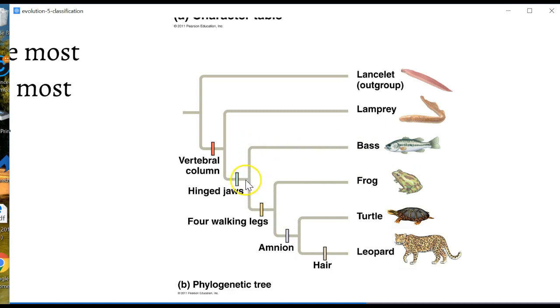So we would say the bass and the leopard are not as closely related as the turtle and the leopard, because the turtle and the leopard more recently shared a common ancestor.